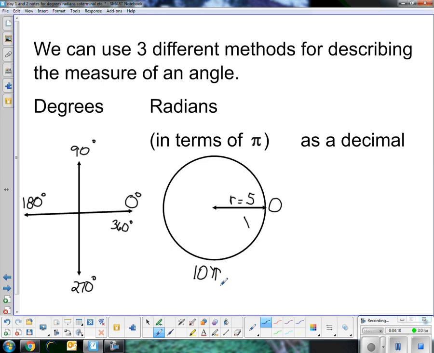That would be your arc length around the circle, but you would have to divide that by the radius. And so no matter how big or small the circle is, 1 complete revolution is equal to 2 pi radians.